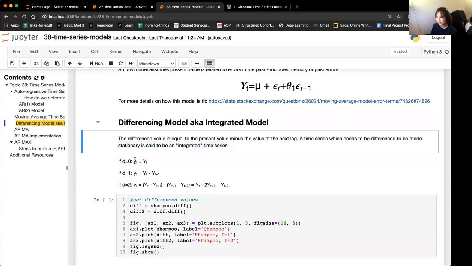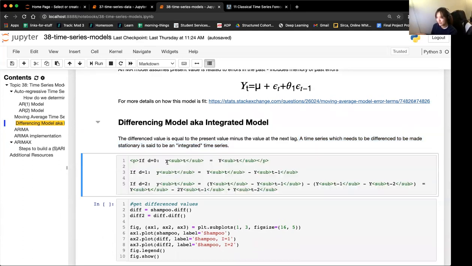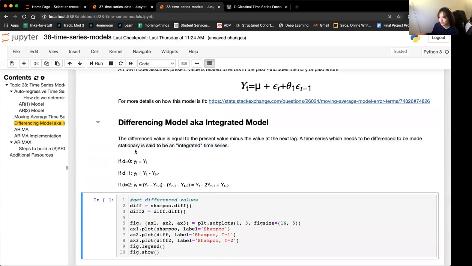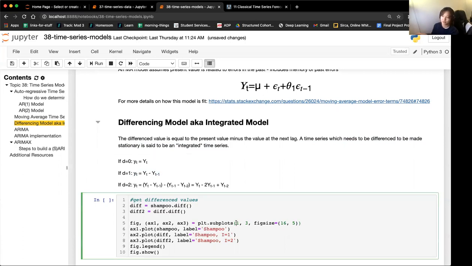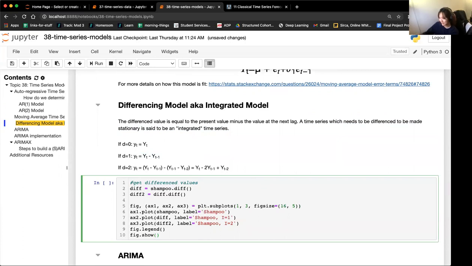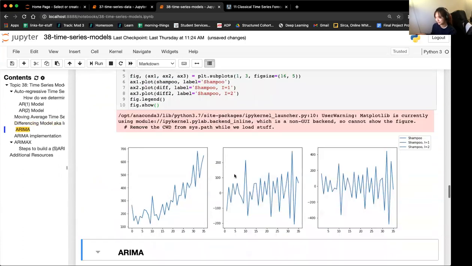So you can see at D equals 0, if there's no differencing, that's just that. If there's one difference, then the value for today is going to be today's price, for example, minus yesterday's price. And we talked about this on Thursday. So basically, let's just see what this does.